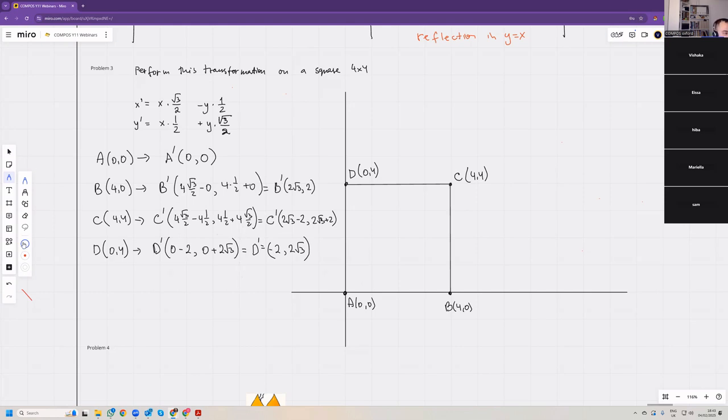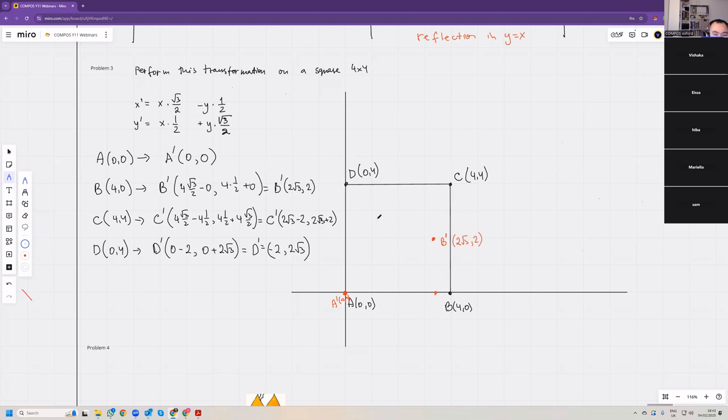Okay, so the new points are 0, 0. That's A dash. B dash, so it's 2 root 3. So 2 root 3 is 2 times 1.7, so it's about 3.4. So that's here. And 2, so that's B dash, which is 2 root 3, comma 2.